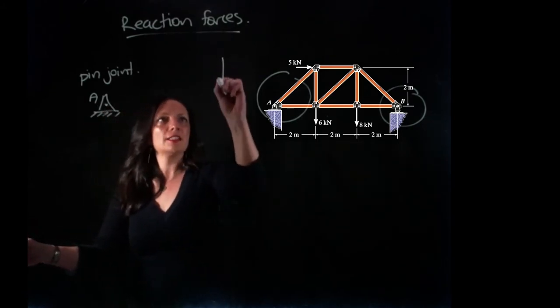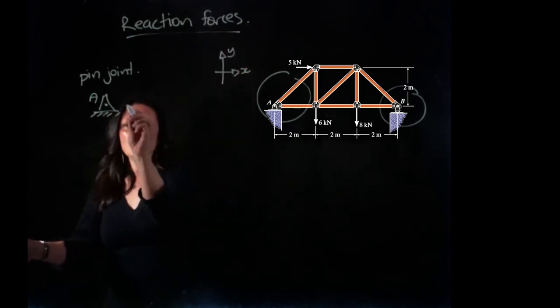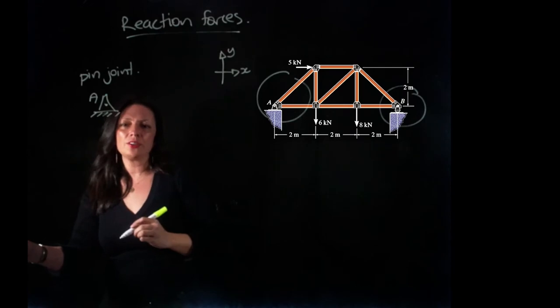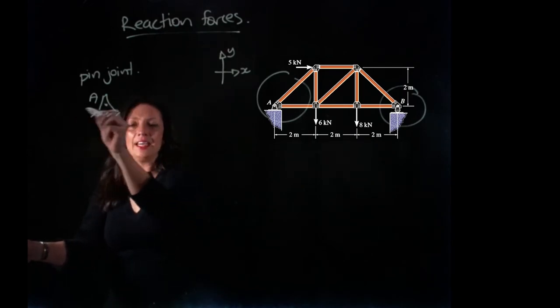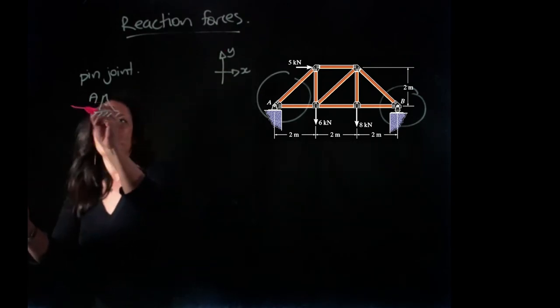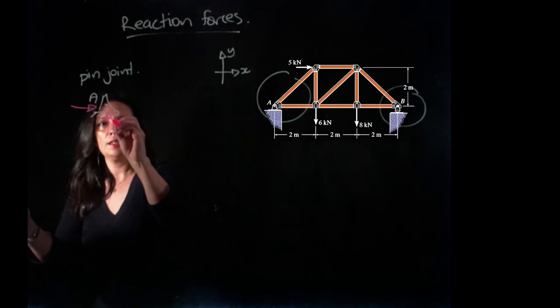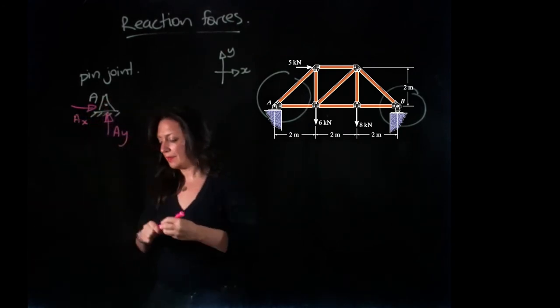Let's just draw an axis of x and y. We can't move in the x direction, and we can't move in the y direction. So therefore, we're going to have a reaction force in the x and in the y. You call that AY, you call that AX.